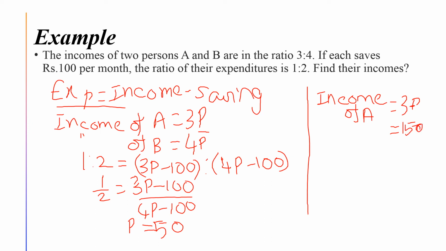And the income of B is equal to 4p, that is 4 multiplied by 50, which gives you rupees 200. Here we arrive at the answer. Next we move on to the next problem.